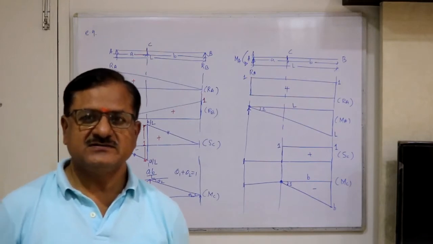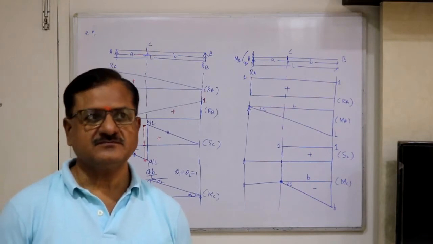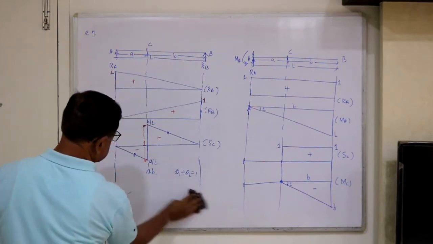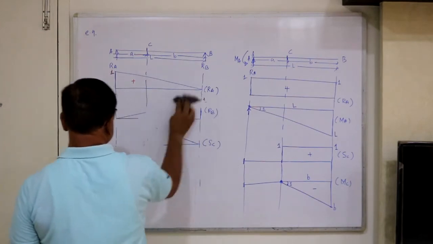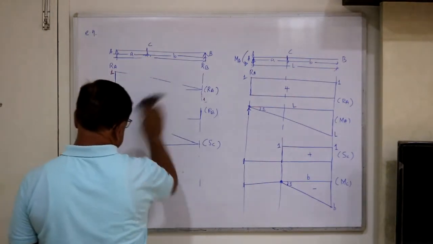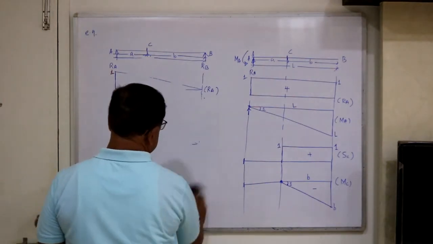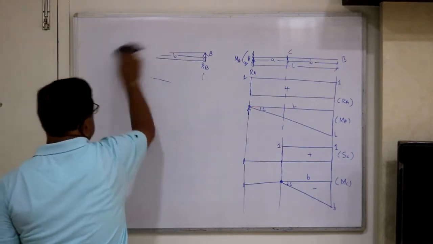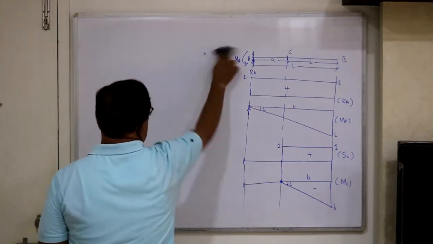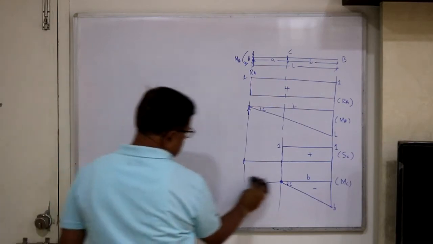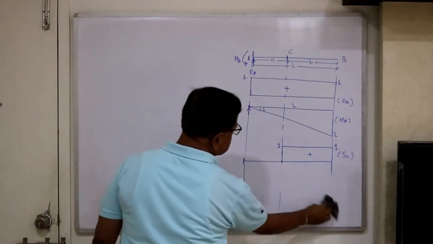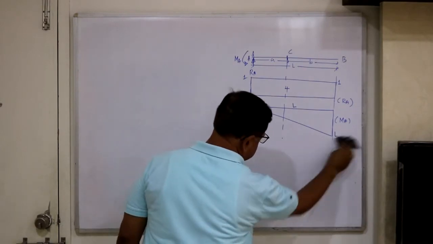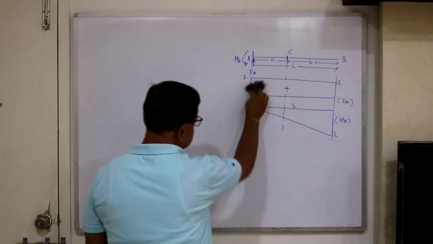Now let's solve some more problems, some complicated problems, by using Müller-Breslau principle only. As far as influence line diagrams for determinate beams are concerned, plotting ILDs by using Müller-Breslau principle is very, very interesting and again very simple.